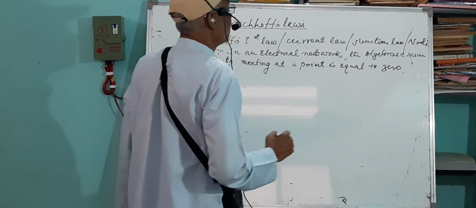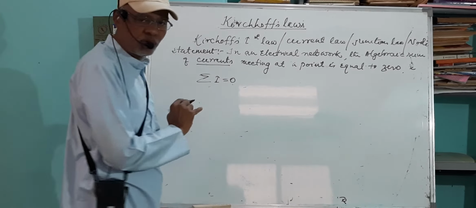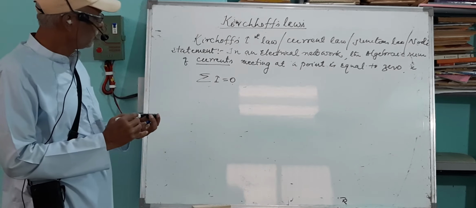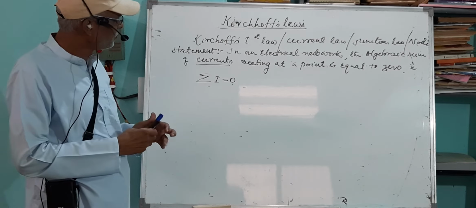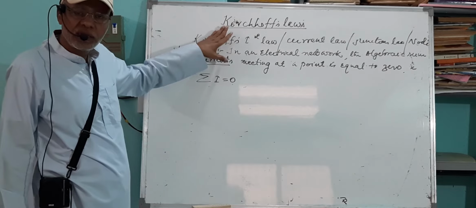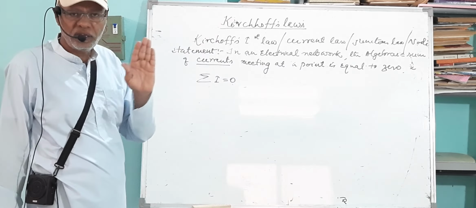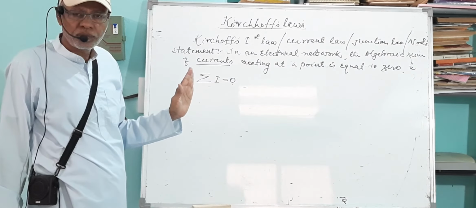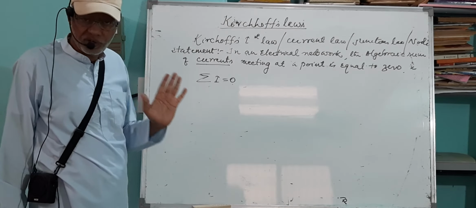Mathematically, we can write it as summation of I is equal to 0. Once again, I would like to recall that Ohm's law is used only to analyze simple circuits. To analyze complicated circuits, Ohm's law is not useful.